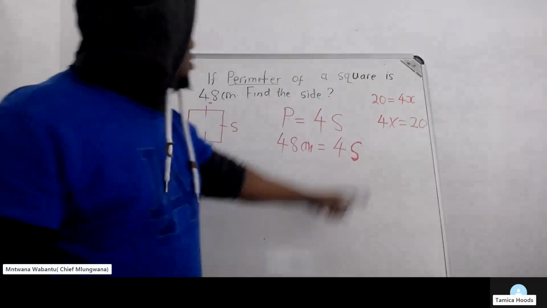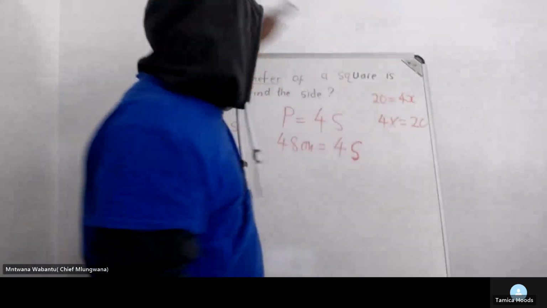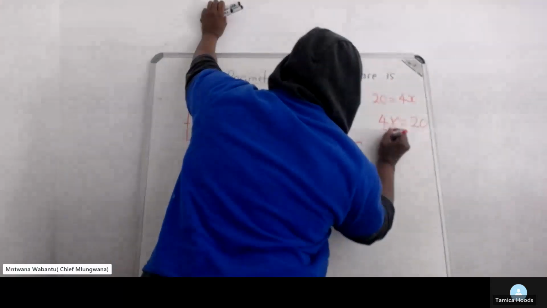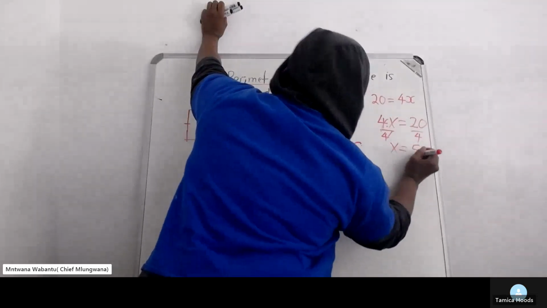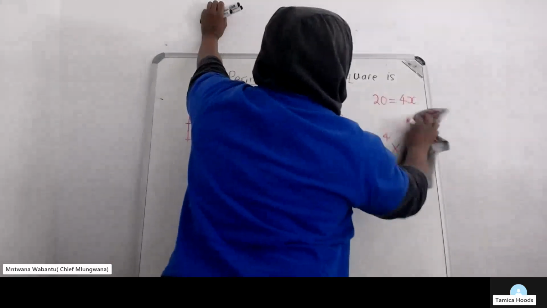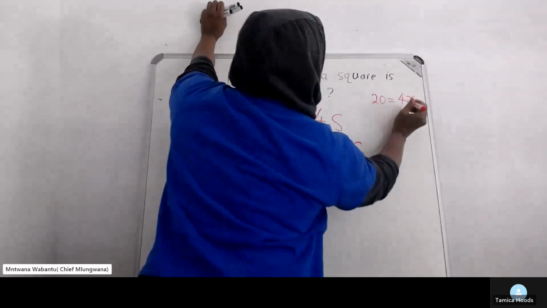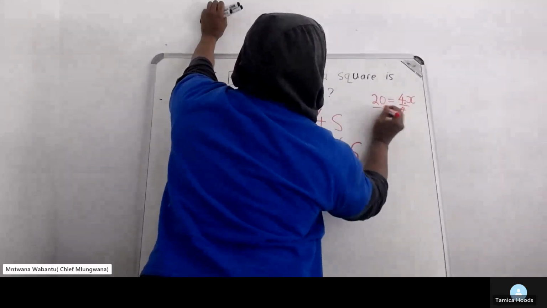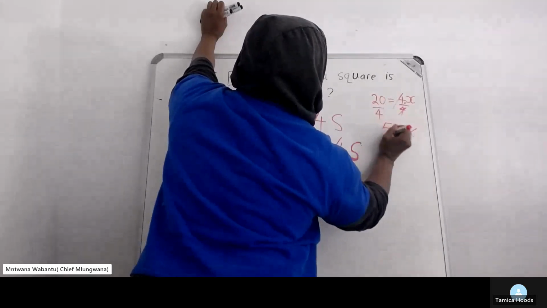Yes. Because you look at the sign in between here, Tamika. So we're going to divide by 4 and then divide by 4. x is equal to 5. So here, how are you going to get your x? We're going to divide by 4 and divide by 4. This is a constant, so x is equal to 20 divided by 4 equal to 5.